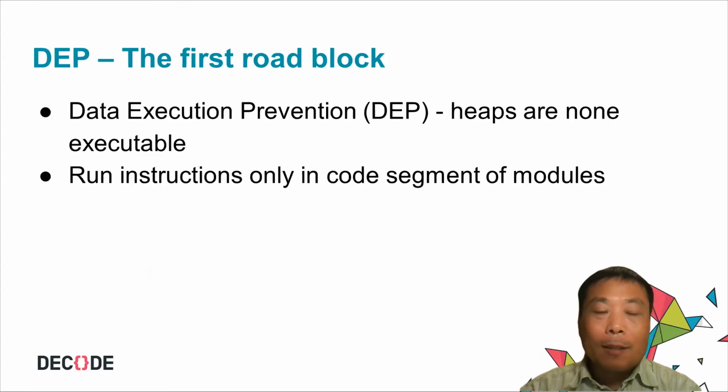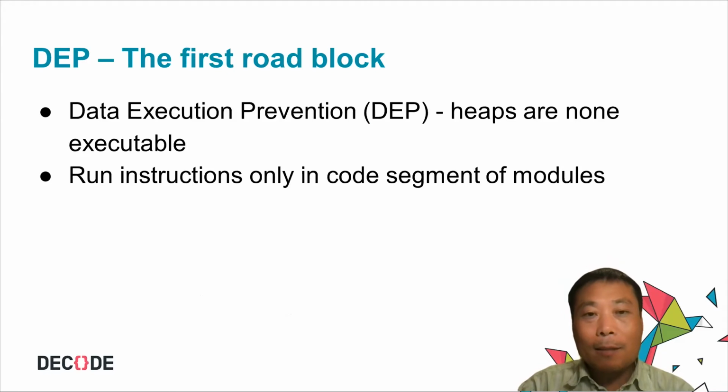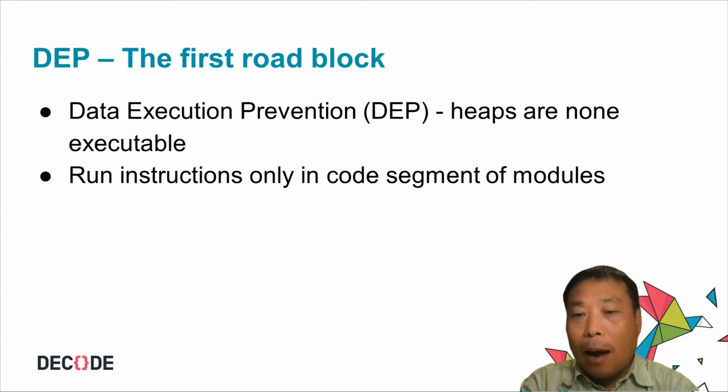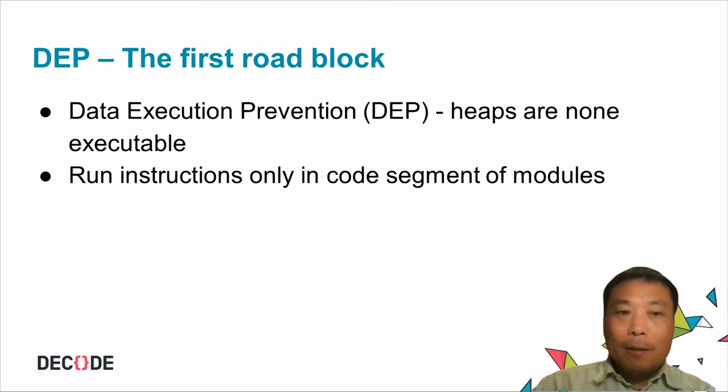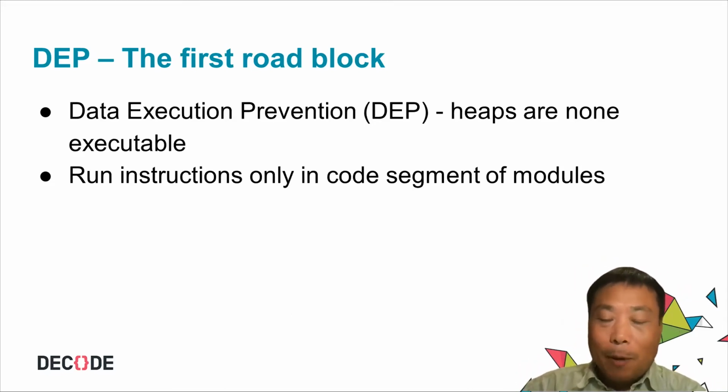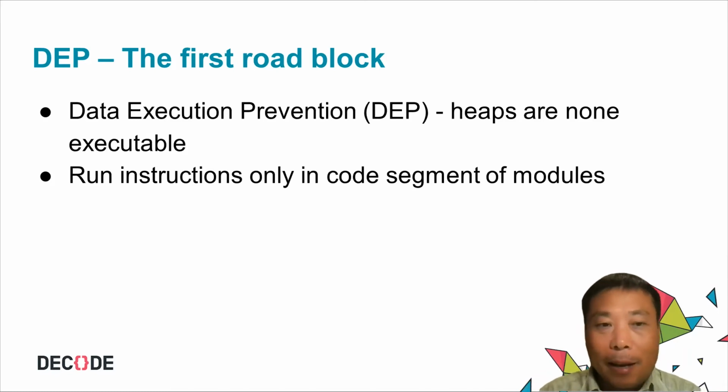But on Windows, there's DEP, data execution prevention. With DEP, the heaps are not executable anymore. So anything in the heap, we cannot execute from there. Only code in the code segment can be executed.